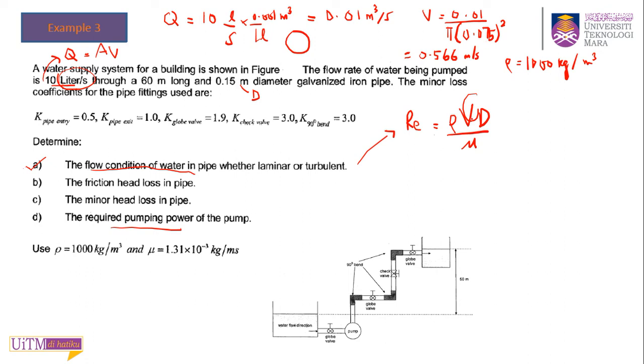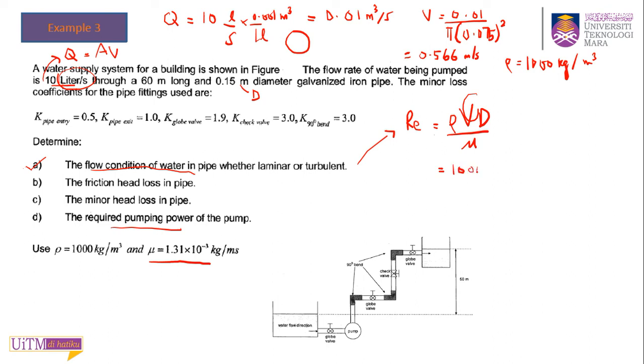You get your V, you get your rho, and the diameter is 0.15. So you have the diameter, and the dynamic viscosity. Here they gave you the dynamic viscosity 1.31. So you can just plug all the values into your equation.